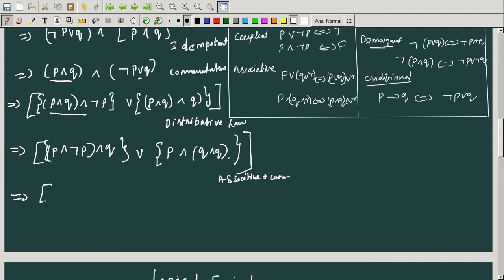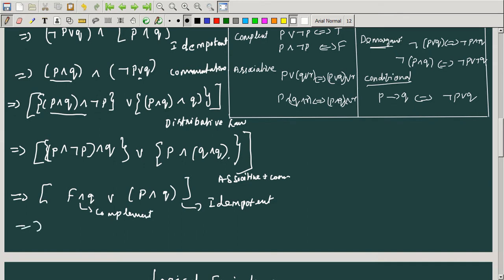So false and Q, this one you write as it is, and we know Q and Q by the idempotent law is Q. So you have to mention which law you are applying. Here I am applying idempotent, as well as here I applied the complement law. Which law have I applied here? Complement law.